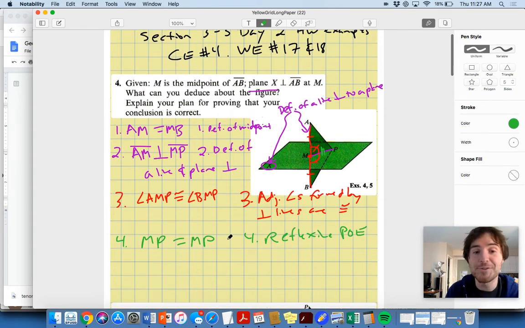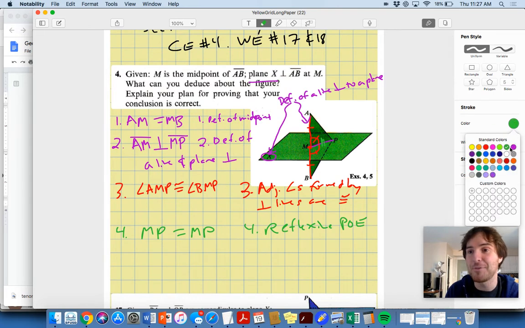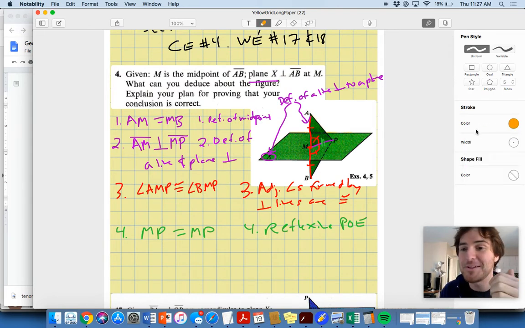Now I think ultimately what the problem was getting at, where your brain probably went, is that you can prove triangles are congruent to one another. So what do we have here? We have two sides that are congruent, an angle that's congruent to another angle, and another pair of sides, a shared side between the two triangles. So by the reflexive property, you've got to use that, because now we have an SAS correspondence.